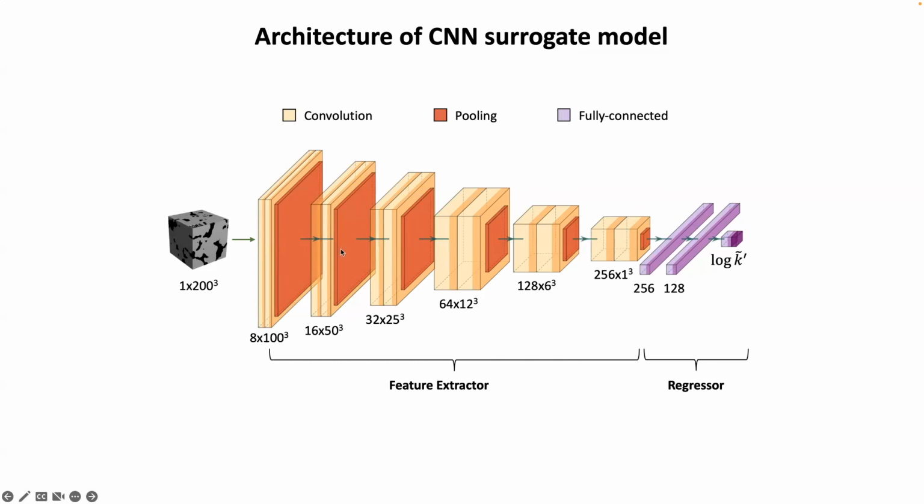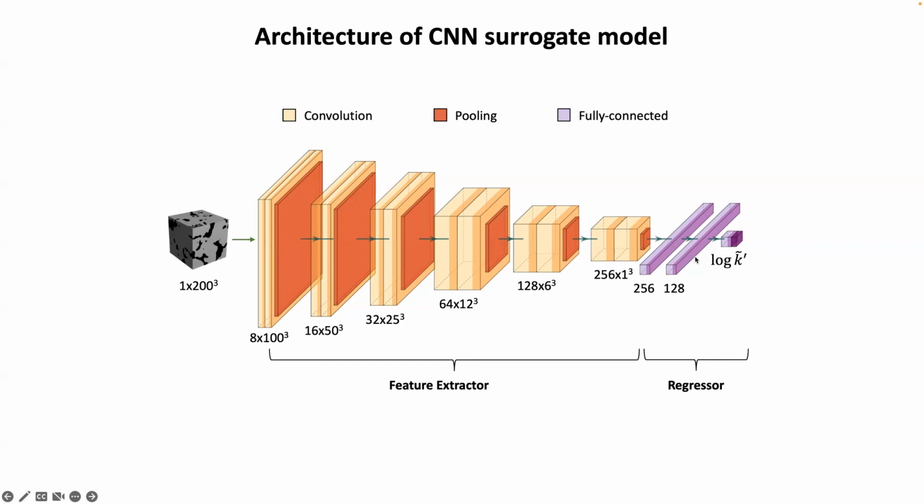The feature extractor consists of 6 convolutional blocks which extract the salient feature representation that is most sensitive to the permeability, while the regressor consists of several fully connected layers aiming to predict the permeability from the extracted feature maps.